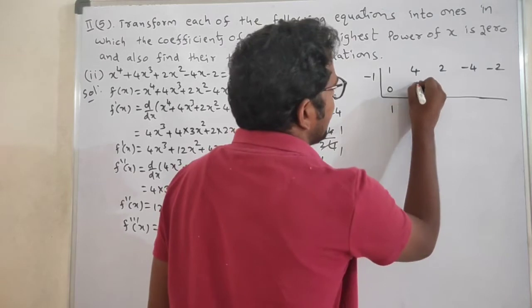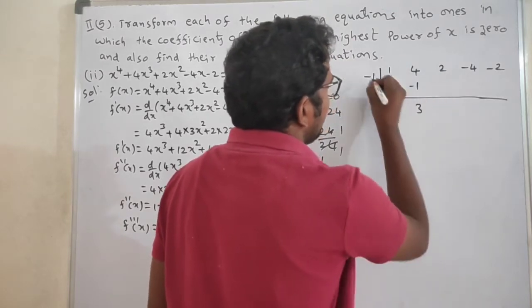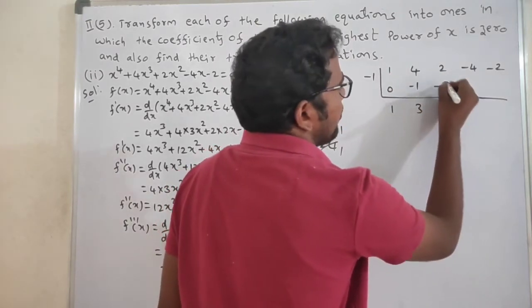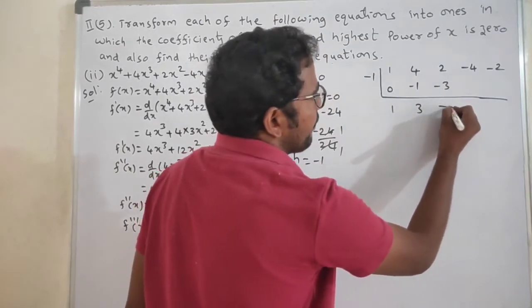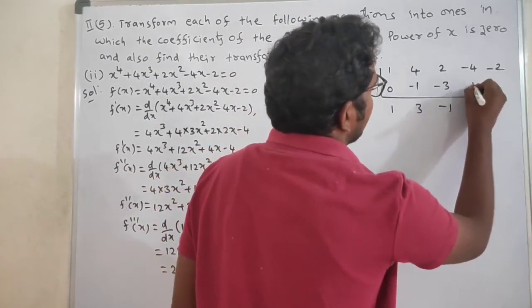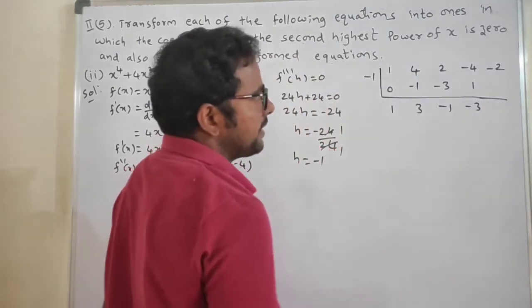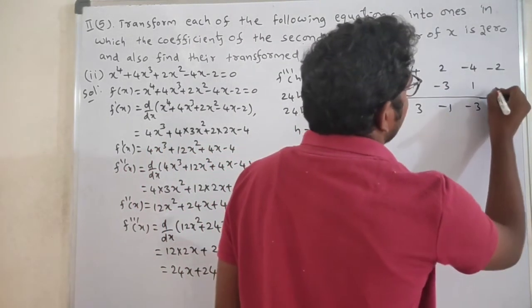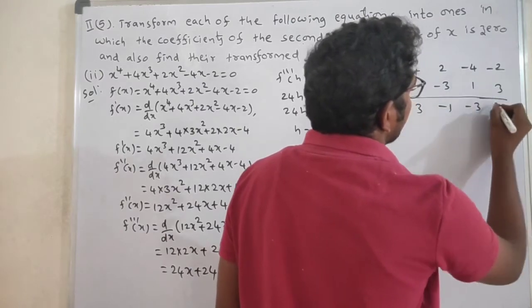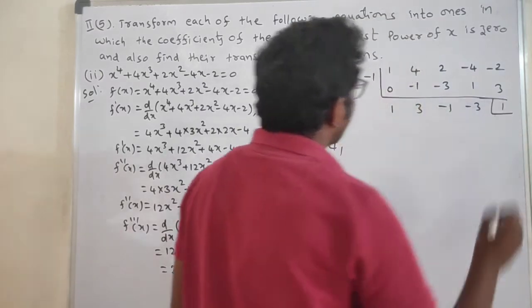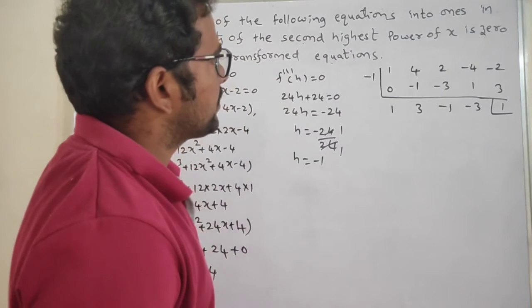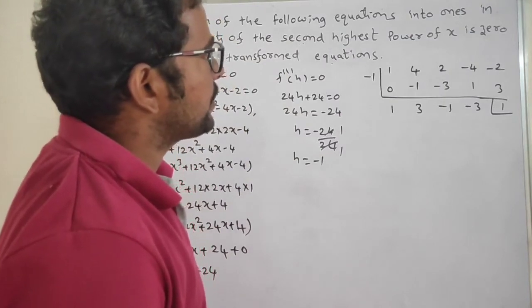Minus 1 into 1, minus 1. 4 minus 1, 3. Minus 1 into 3, minus 3. Minus 3 plus 2, minus 1. Minus 1 into minus 1, plus 1. Minus 4 plus 1, minus 3. Minus into minus is plus. 1 3s are 3. So 3 minus 2, 1. 4 minus 3, minus 3 minus 1, plus 1. Right.